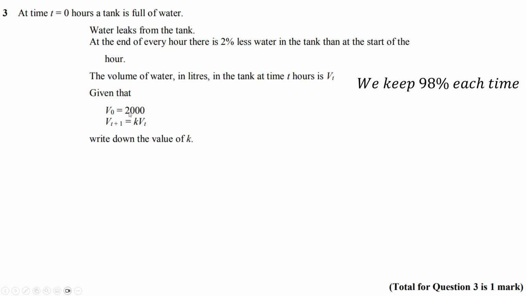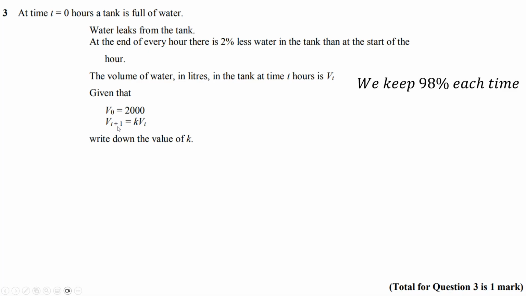So we have 2,000 liters of water right now. And the next hour, this VT is this part. So you can read this as the amount right now added by the amount next will equal this. Okay, or this amount equals this amount.